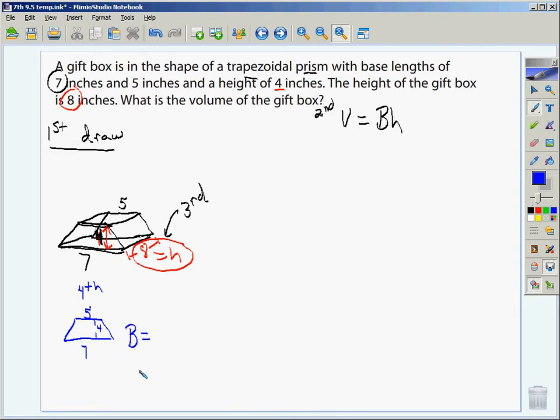To find the area of a trapezoid, we have a formula. You should have it memorized by now. The formula for finding the area of a trapezoid: 1/2 h (b1 plus b2).